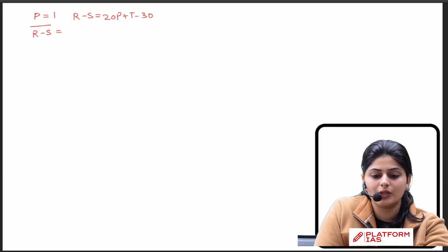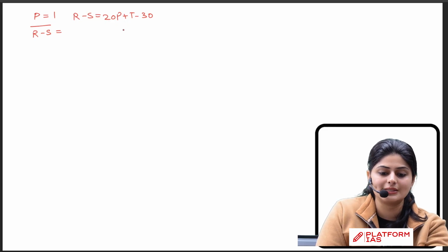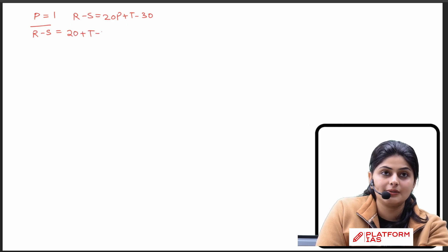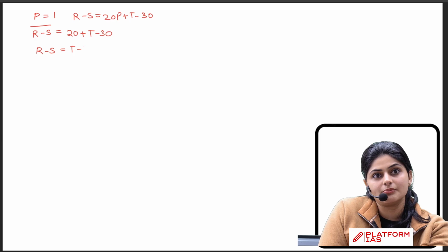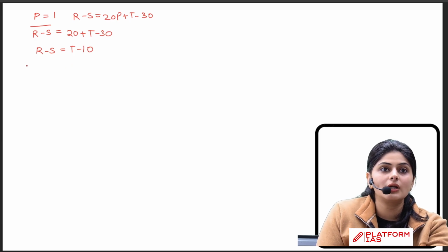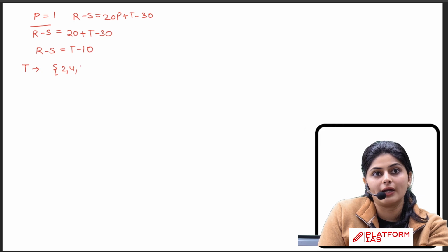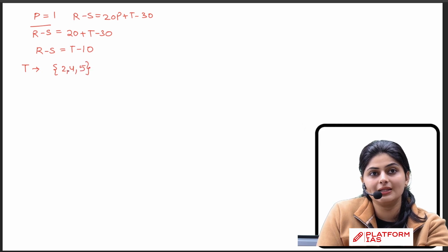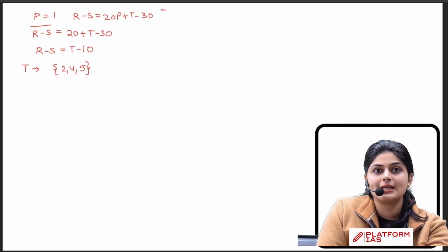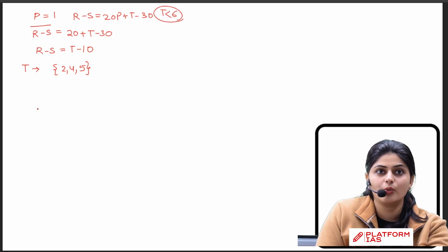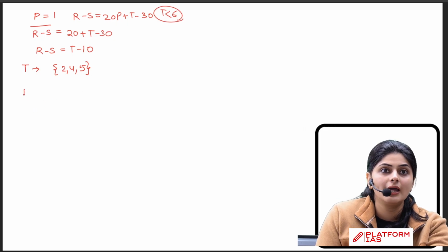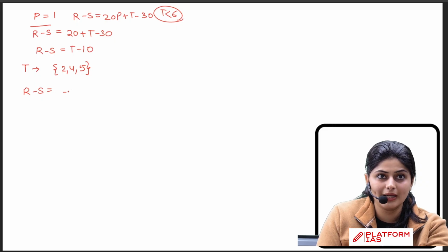Substituting the value of Q as 3 here, R minus S will be 20 plus T minus 30. So R minus S is equal to T minus 10. Now what are the possible values of T? T can take the values 2, 4 and 5. 1 is P, 3 is Q and T is less than 6 as given in the question. So here R minus S will be equal to minus 8.